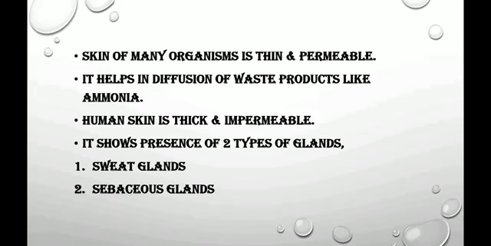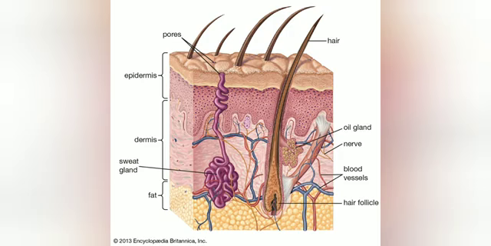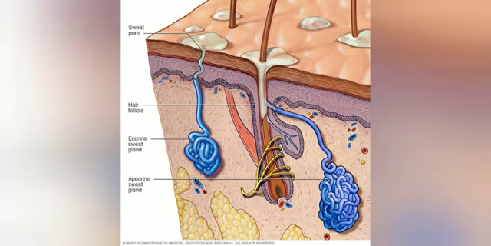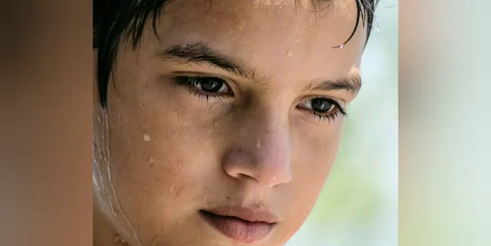Let's see the details of sweat glands. These glands are distributed all over the skin. They are found in a large quantity, or you can say they are abundant in palm and facial regions.